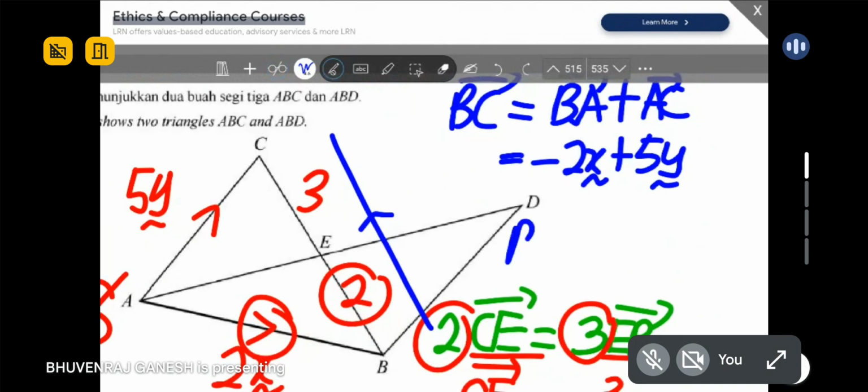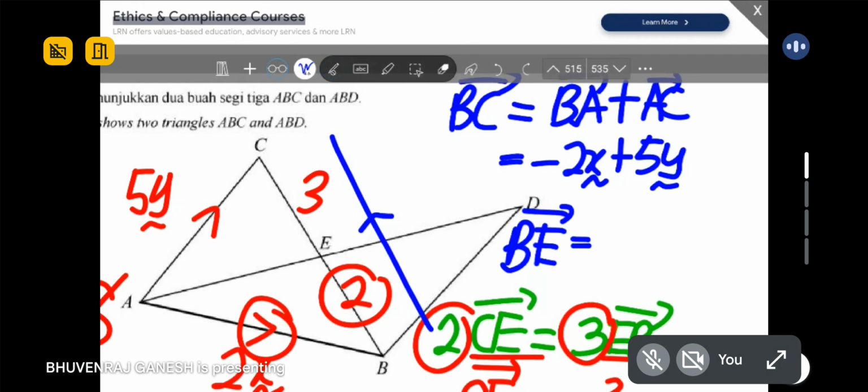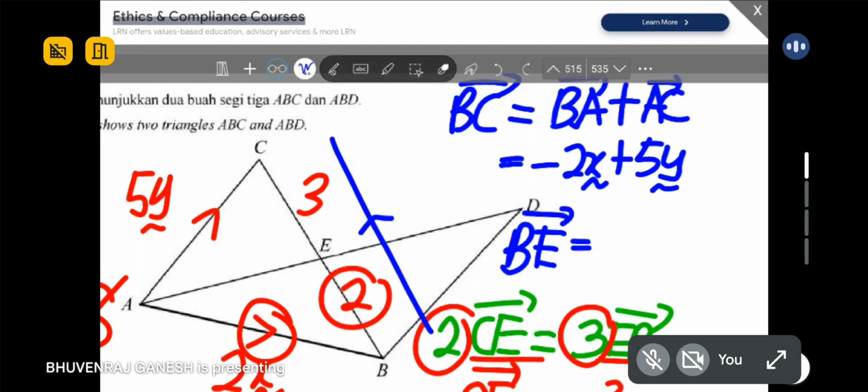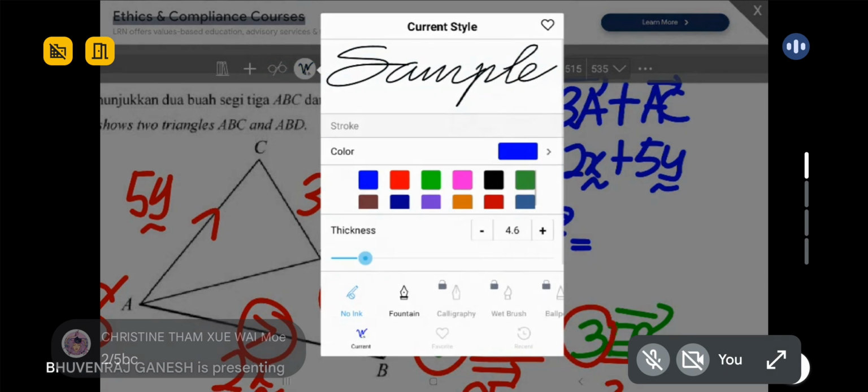So how do you find BE, guys? May I know? How do you find BE? What is the concept? So you need to use the concept of ratio. So can you guys write the equation? BE is equal to what? Your expression first before you solve anything. This one you need to use ratio concept. So anyone got idea? Yes, very good, Christine.